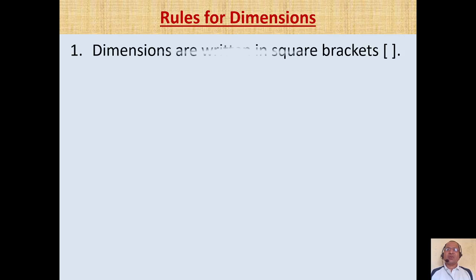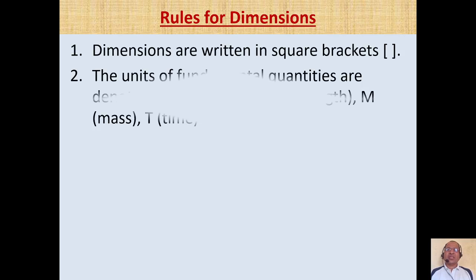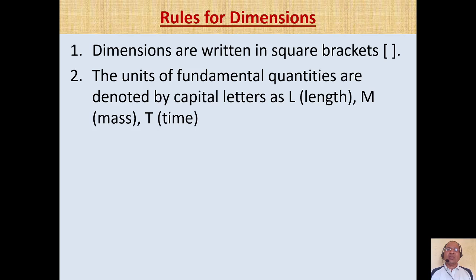There are certain rules for dimensions of physical quantities. The first rule is that all the dimensions are always written in square brackets. The second important rule: while obtaining dimensions of any physical quantity, we take capital L for length, capital M for mass, capital T for time. These are just symbols or capital letters.